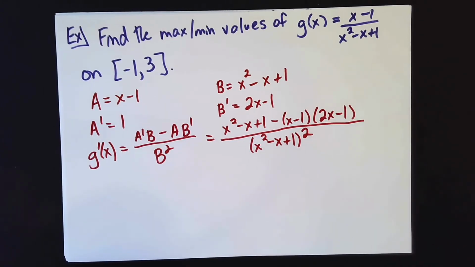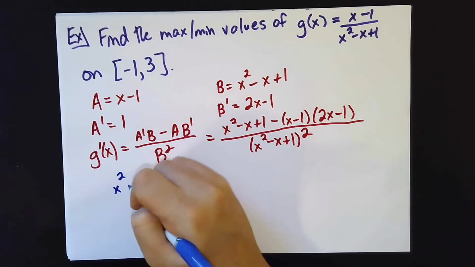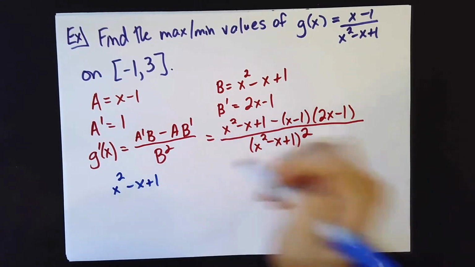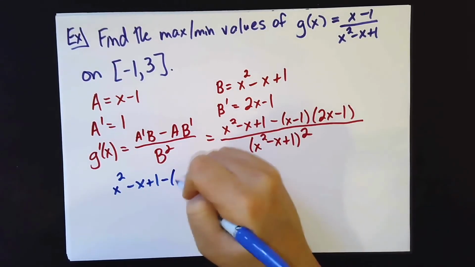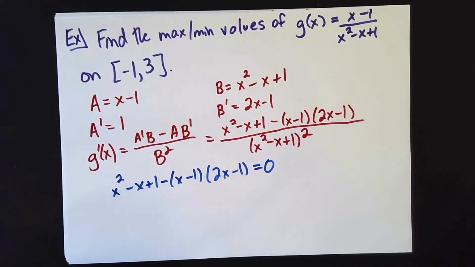Now, thing to remember, this is a fraction, so the only way it can be 0 is if its numerator is 0. Which means I can just ignore this piece and just solve the equation x squared minus x plus 1 minus x minus 1 times 2x minus 1 is equal to 0. And that's how I'm going to get my critical numbers.